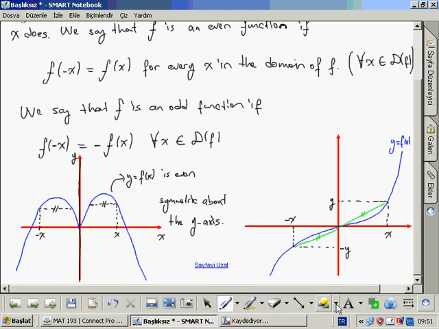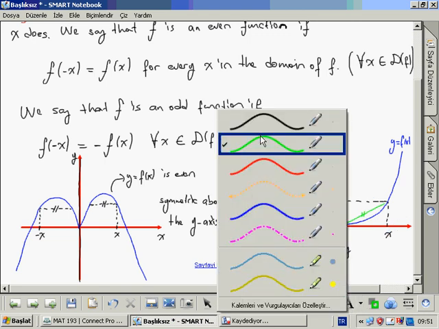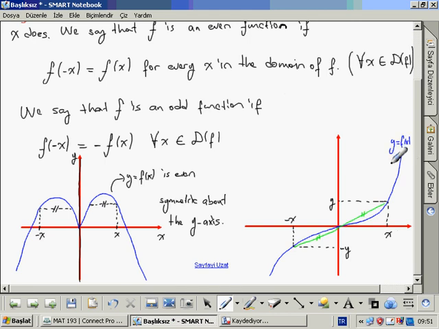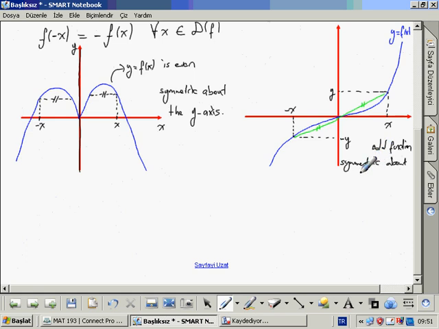And what can you say about the odd function? This function is odd, and it is symmetric about the origin.